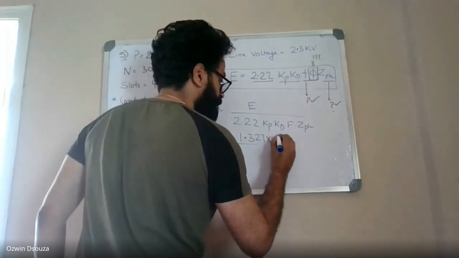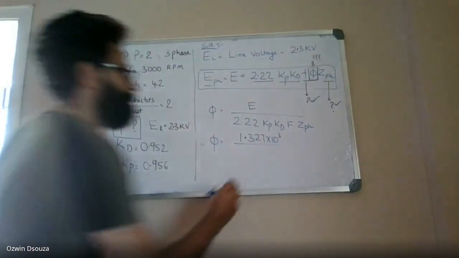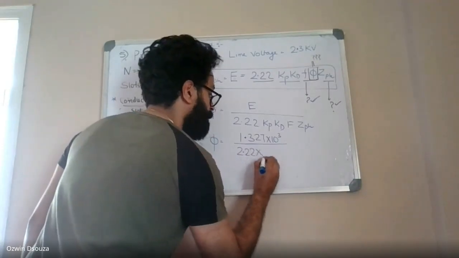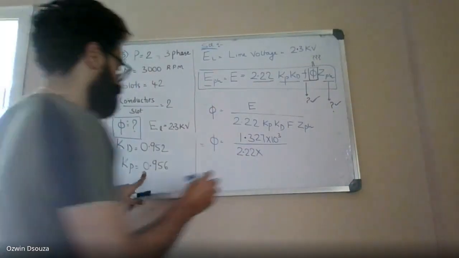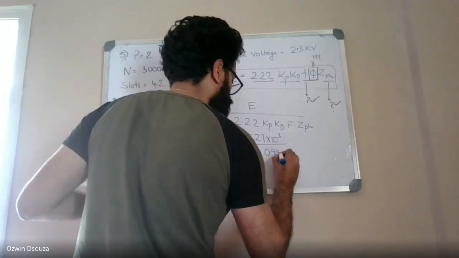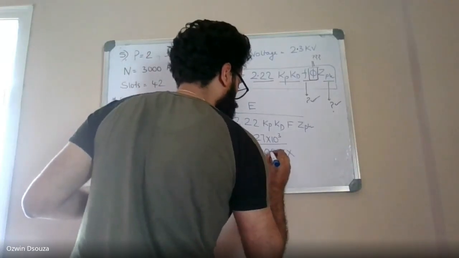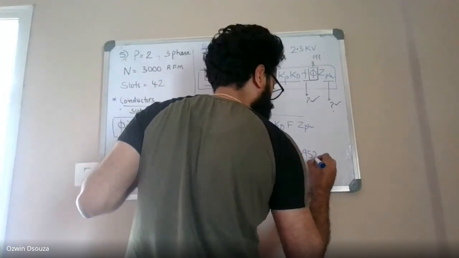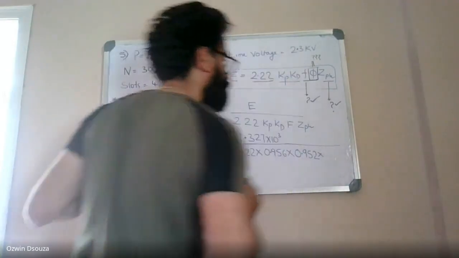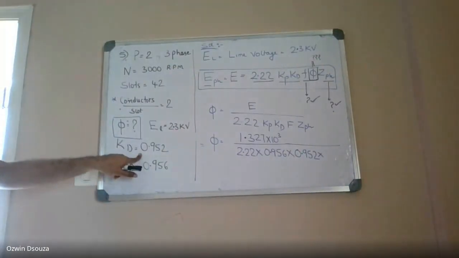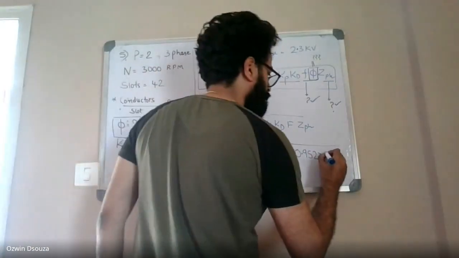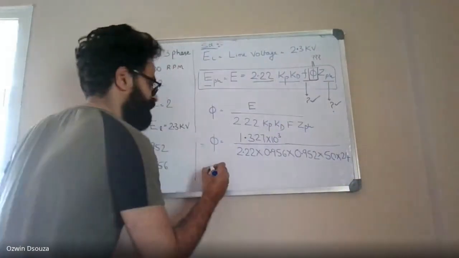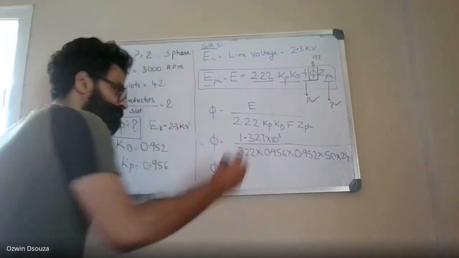So phi is equal to 1.327 into 10 to the power 3 divided by 2.22 into Kp, 0.956, into Kd, 0.952, into f, 50, into Z phase, 24.